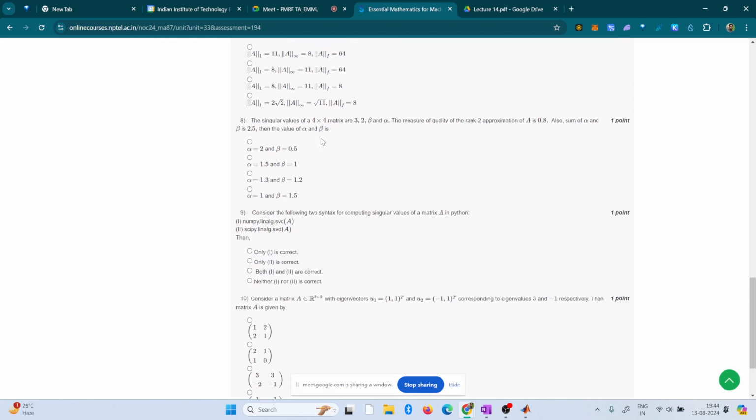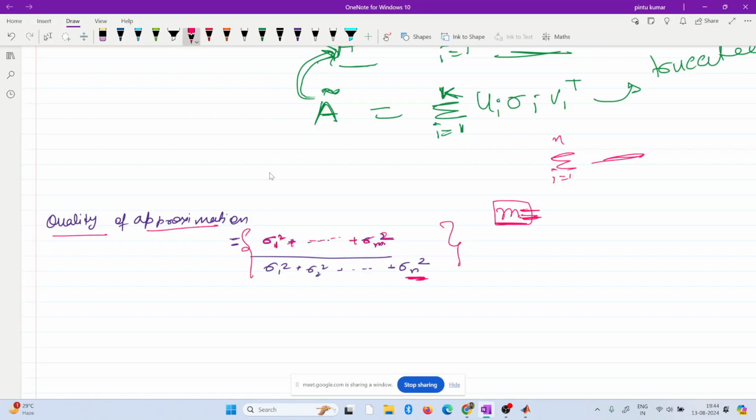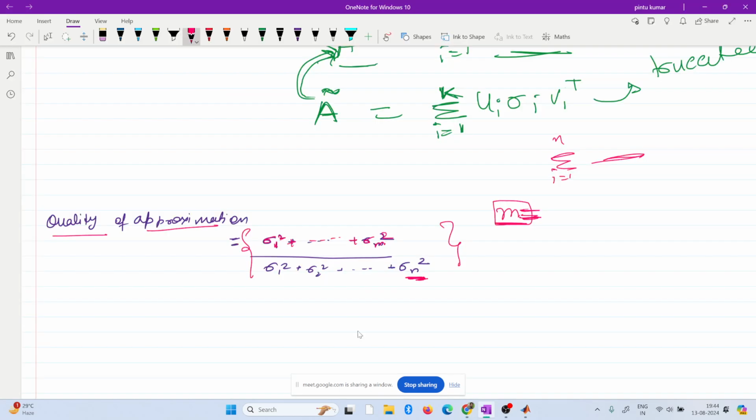So basically it is some numbers n1, n2, n3, n4. n3 and n4 are unknown. From the given options, since n3 is greater than n4, I have chosen one option. But other than that, from this quality factor and from one relation between n3 and n4, we should be able to compute it, no? Yes, but I couldn't solve that question. I think it's question 8.